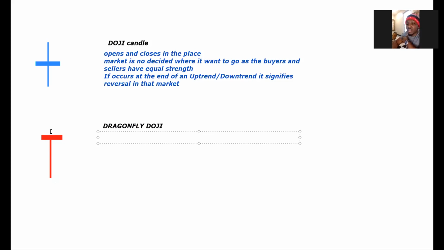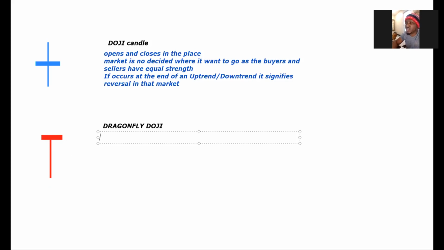That usually bothers people. Sometimes you're going to see a very small wick up here. It does not mean it's not there because I didn't draw it. It might be there.